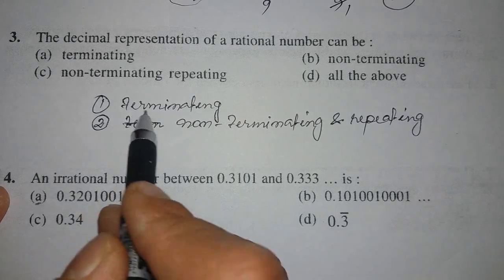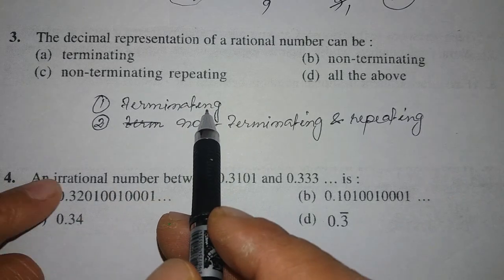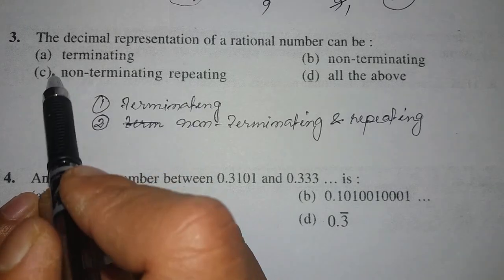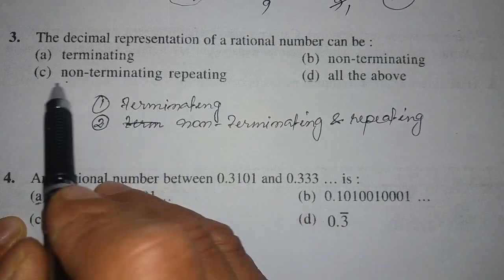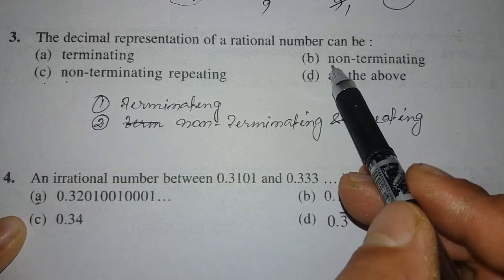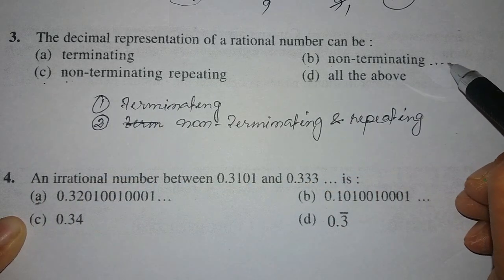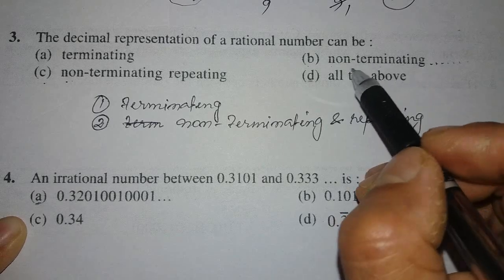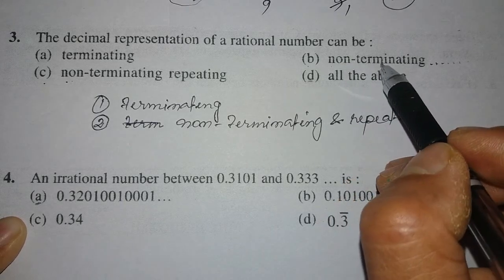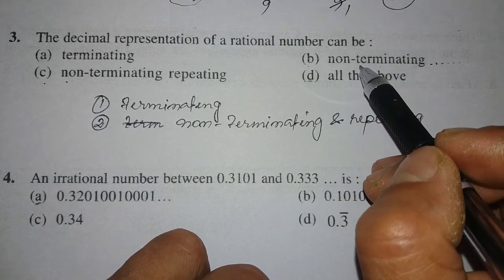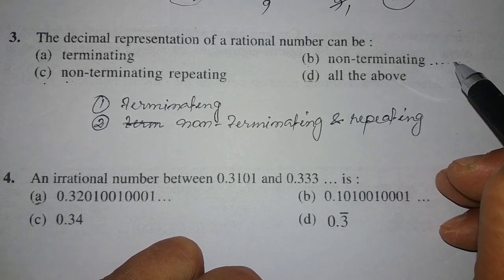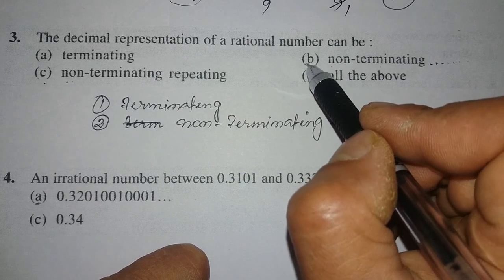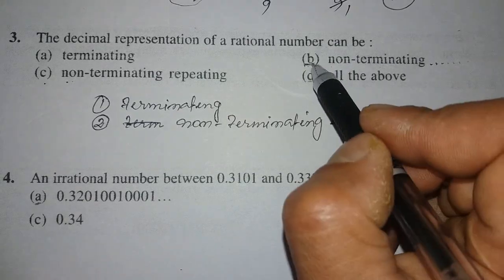So these are the two very important points for a number to be a rational number here. So it says terminating, that is fine. Non-terminating, repeating, that is fine. And here B, non-terminating and nothing is given here. So it can be true also, because here it is not mentioned that it is non-terminating, non-repeating. So we still consider this as a valid option.